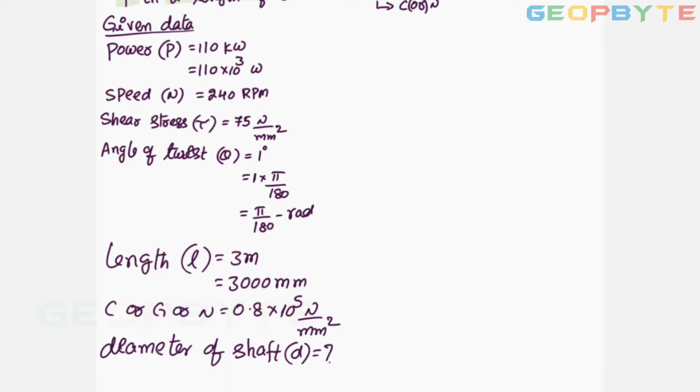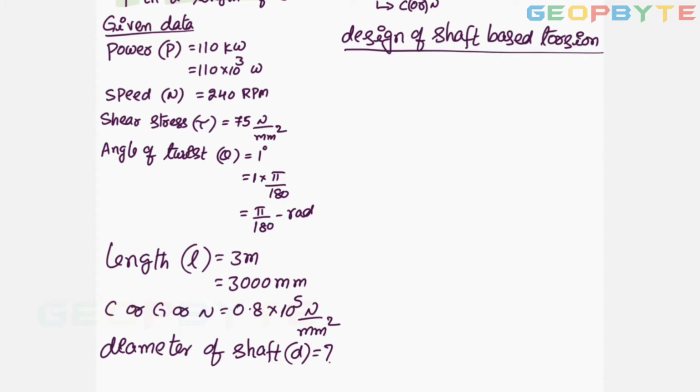So first let us write like this. Design of shaft based on the torsion. Power P equal to 2 pi N T by 60.